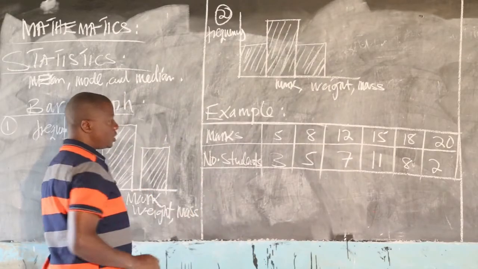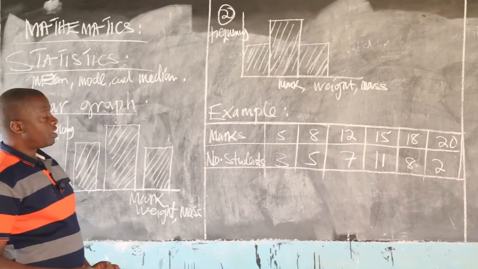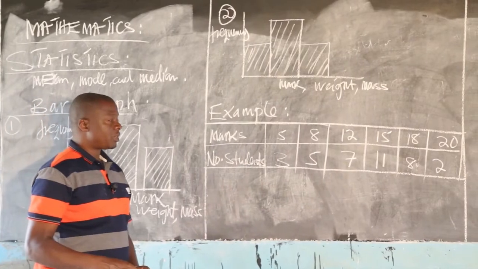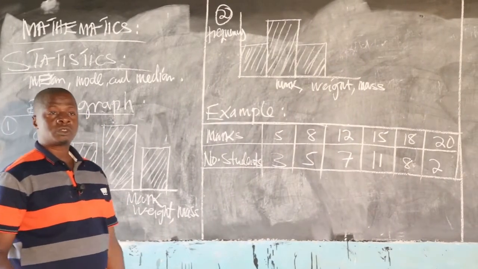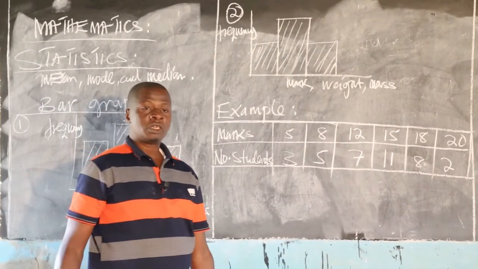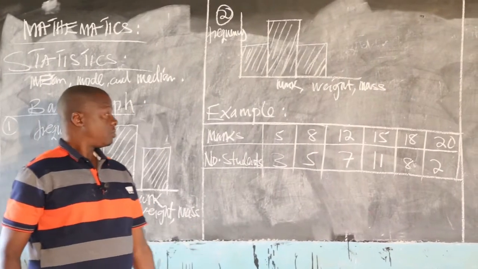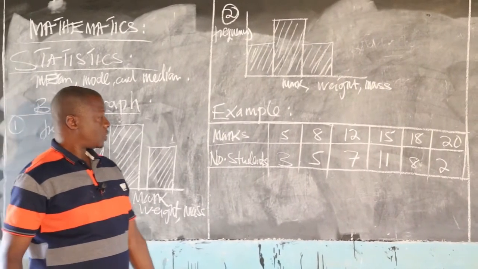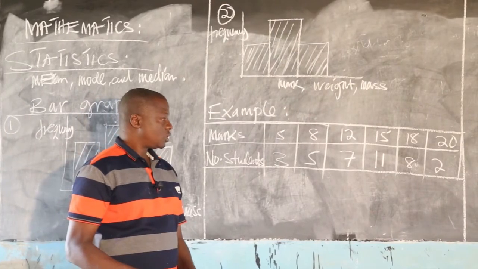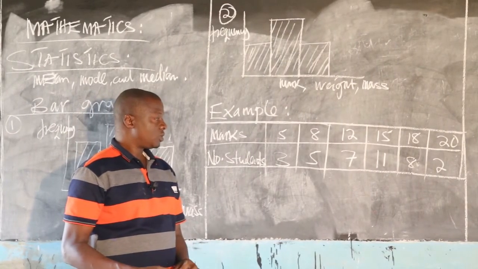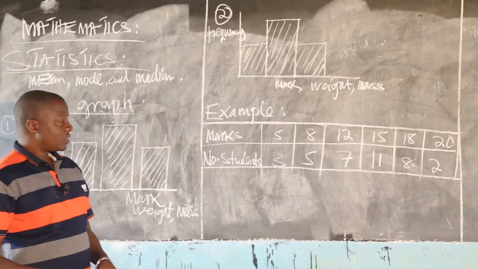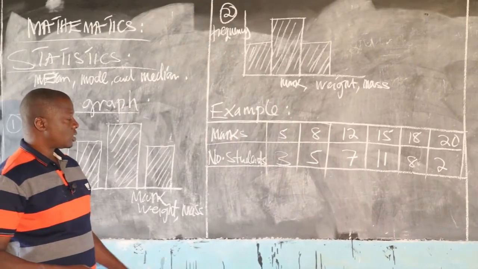The question is, the table above shows marks scored by students of senior 2 of a certain school in a mathematics test.